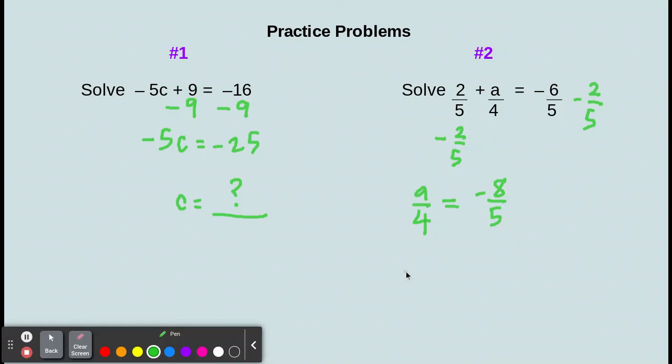So the original equation has division. We need to do the opposite, which is what? Multiplication. But what are we going to multiply by? And you have to multiply that on both sides, right? All right. I will leave it up to you then to figure out the rest and find out what a is.